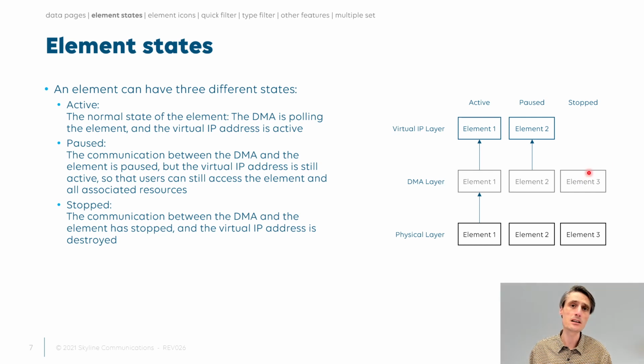So stopping is typically for a longer period of time. Pausing is typically if you need to do quick rewiring and you want to avoid that a timeout would happen. You pause the element for a few minutes, you do the rewiring, you activate it again, and nobody had to worry about a timeout alarm. But typically the active is the default state, you could say, of course.